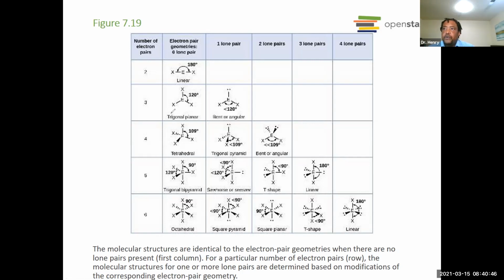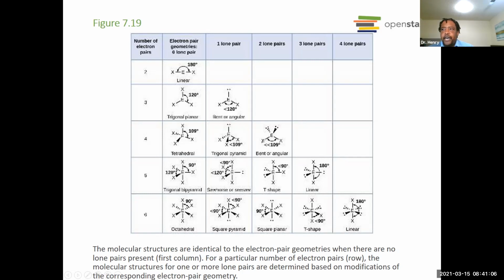If we have four attachments, one, two, three, four atoms attached to a center atom, this is now tetrahedral. If we have three attachments and one lone pair, this is trigonal pyramidal, kind of like ammonia.